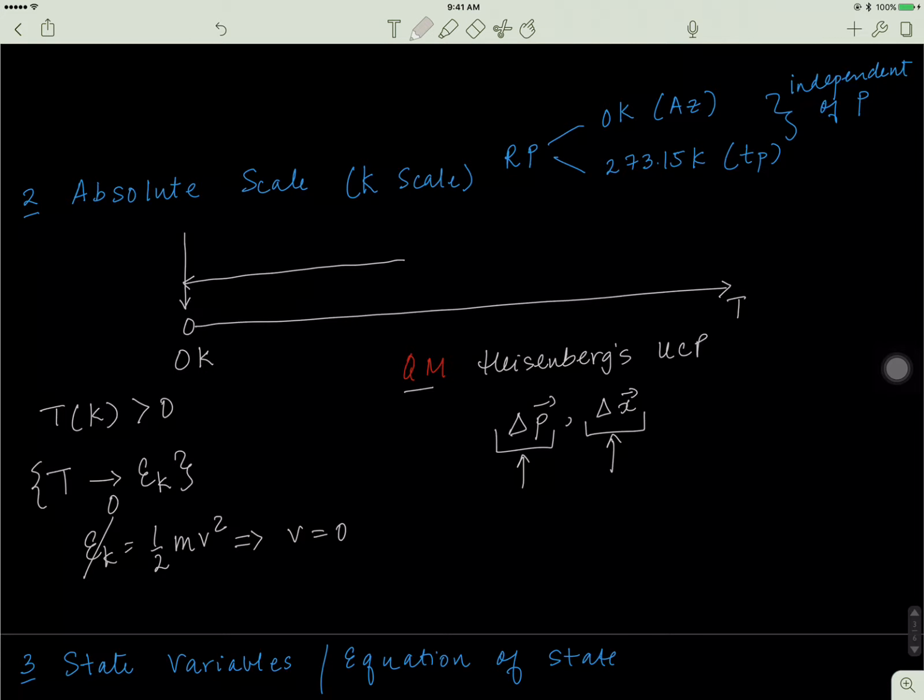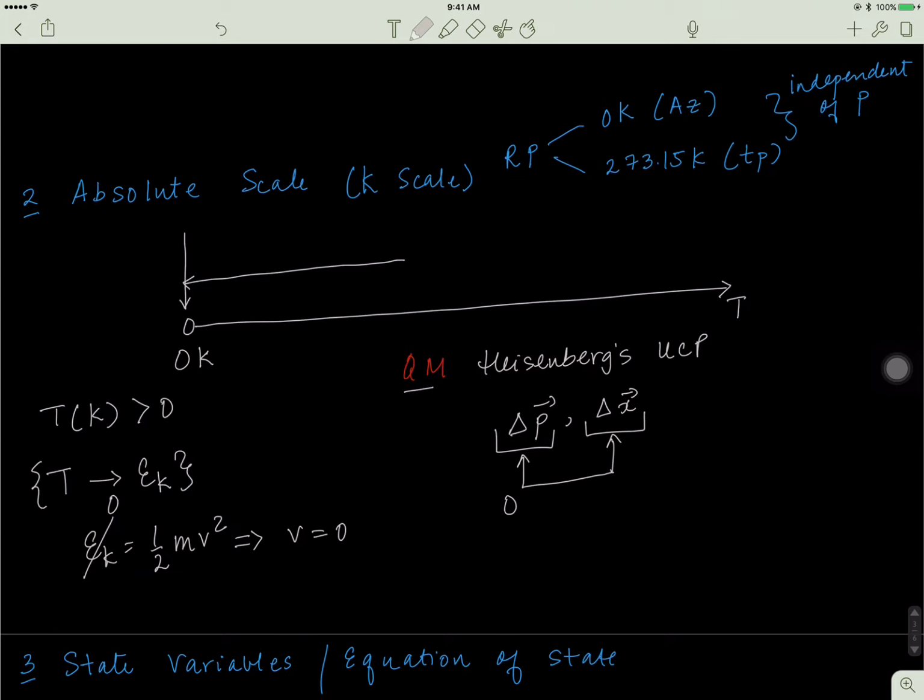That means these particles aren't moving. If these particles aren't moving, their momentum is also going to be 0, right? They're not moving, they're in one spot. If you know that they're not moving, they're in one spot, then you would be able to tell something about their position. You would be able to define these two quantities simultaneously with 100% accuracy. That is against the laws of quantum mechanics. It doesn't happen.